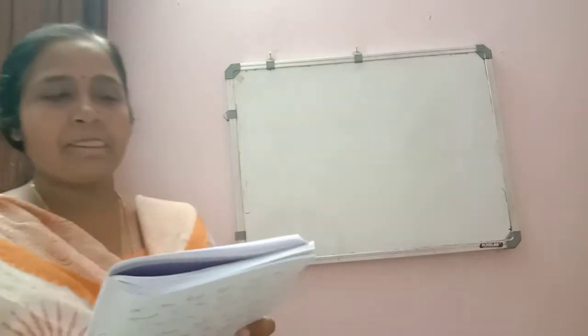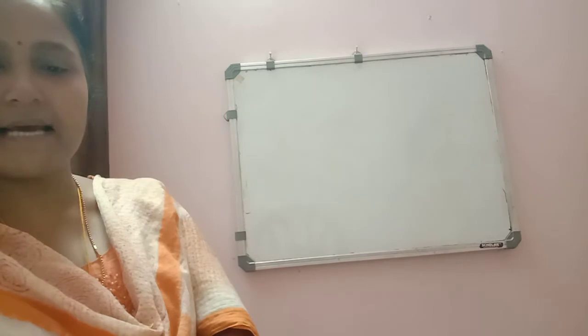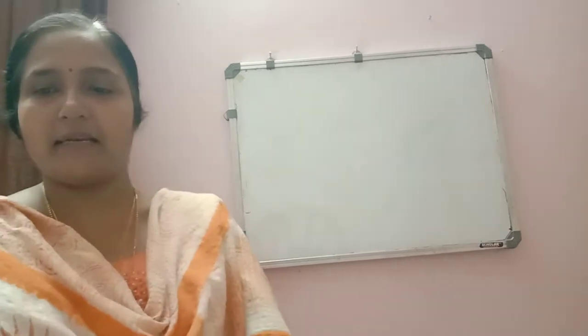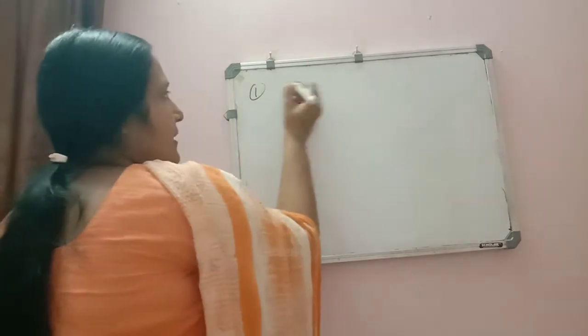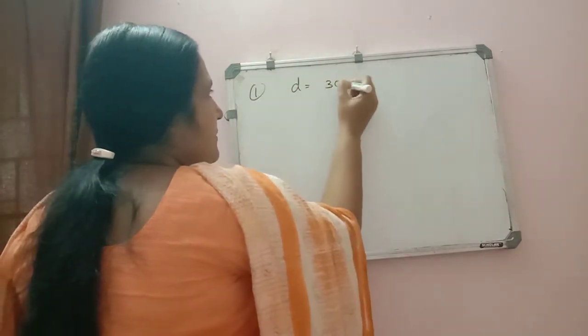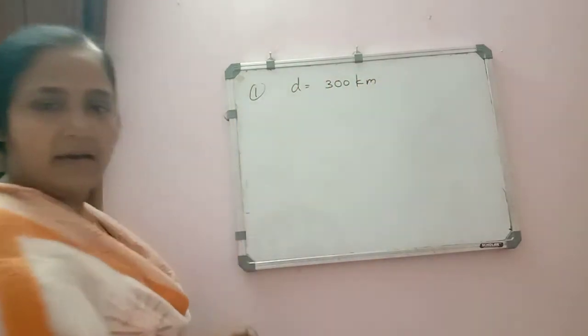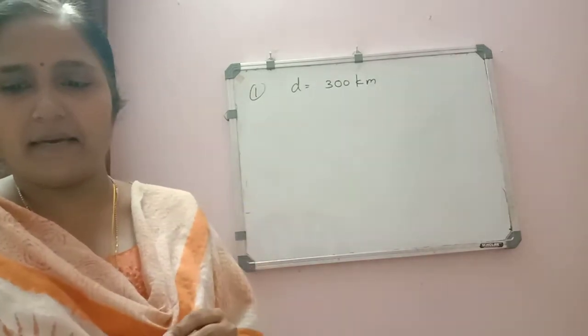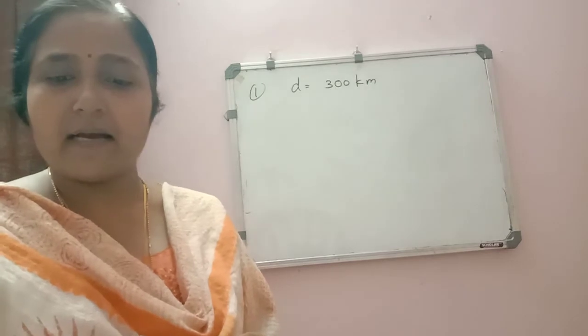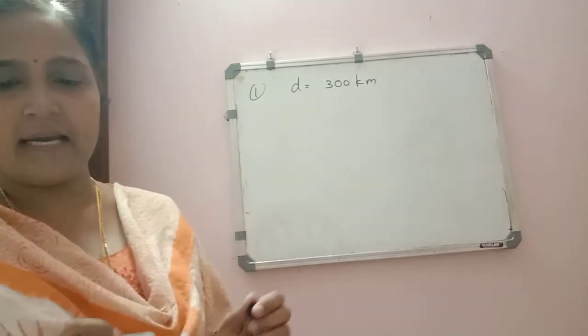First question: a train travels a distance of 300 kilometer at a constant speed. So the distance given is 300 kilometer, and then if the speed of the train is increased by 5 kilometer per hour. First we'll take the original speed of the train as x.